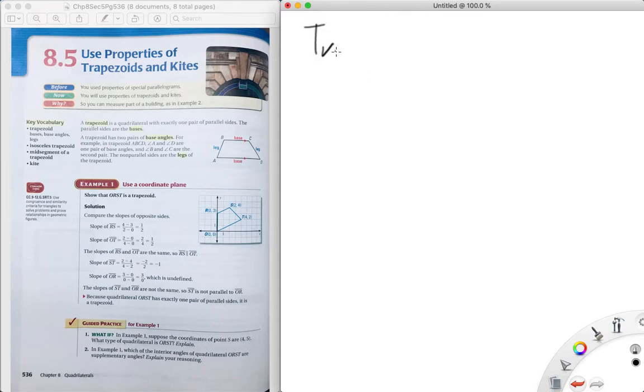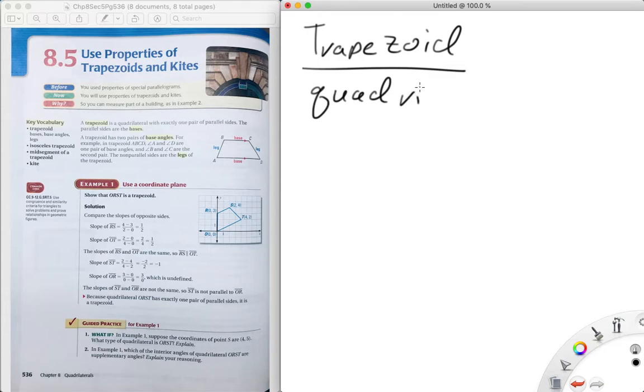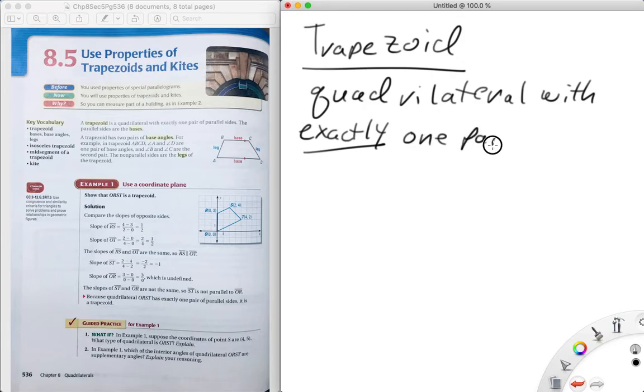So when we talk about a trapezoid, it is a quadrilateral with exactly one pair of parallel sides. Okay, one pair.